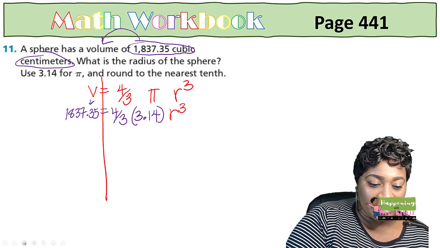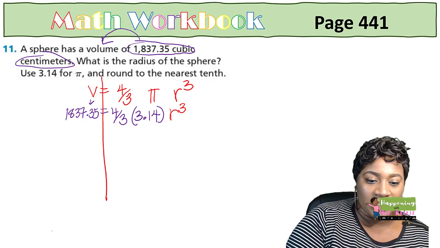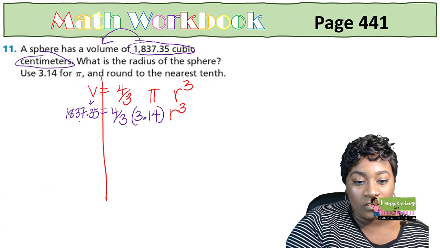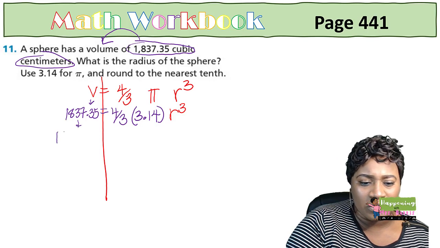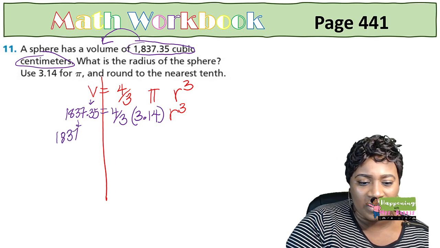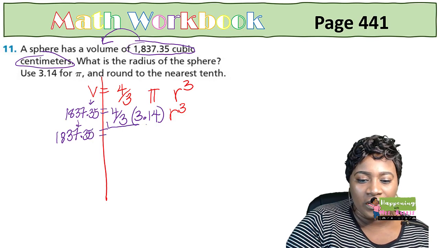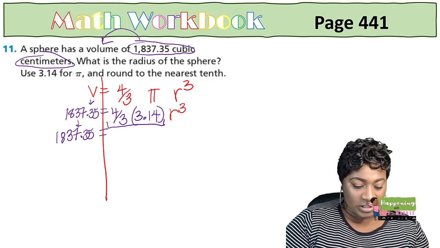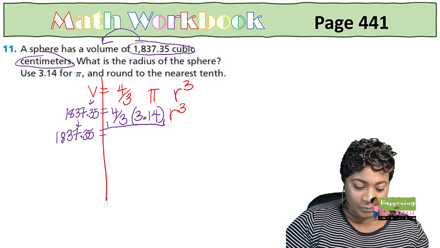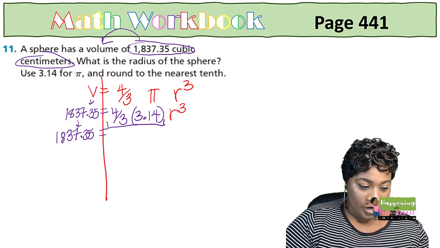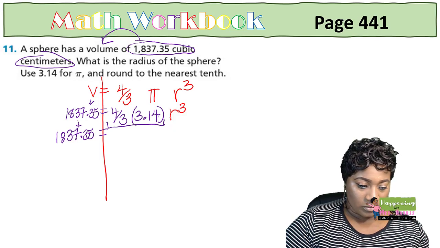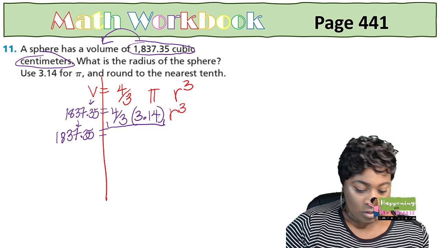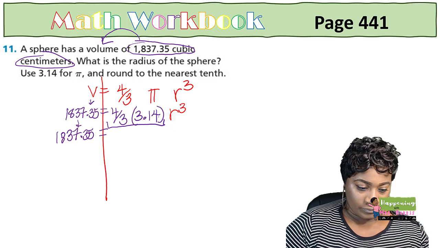Now we need to simplify. On the left side of the equal sign, all I see is this decimal, so we're going to just bring it right on down. On the right side of the equal sign, we will simplify by multiplying 4/3 times 3.14.